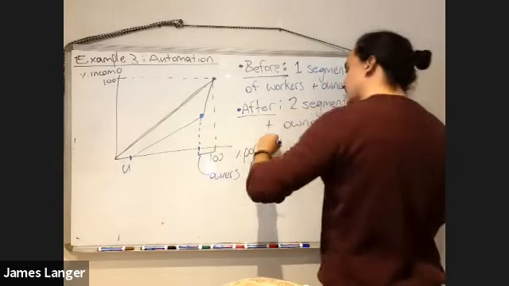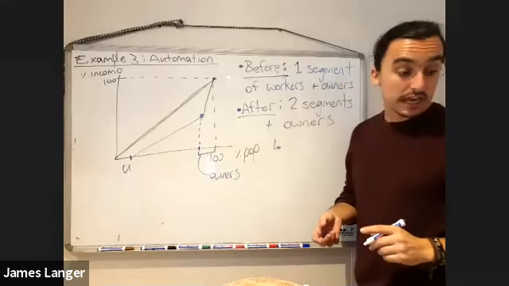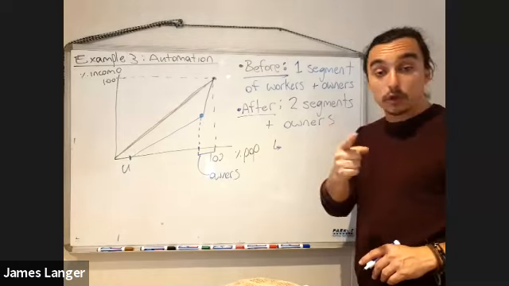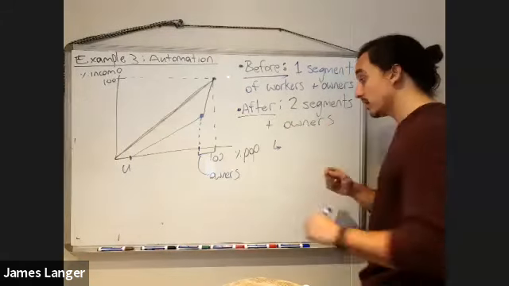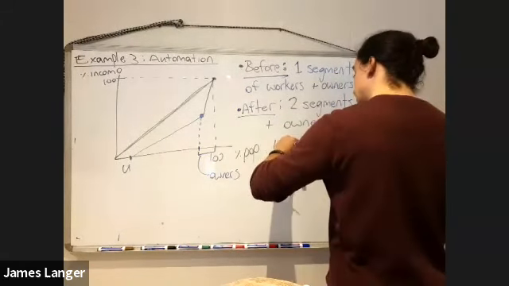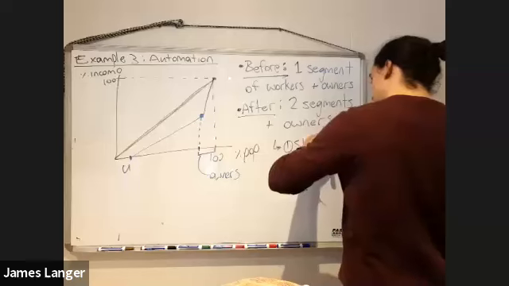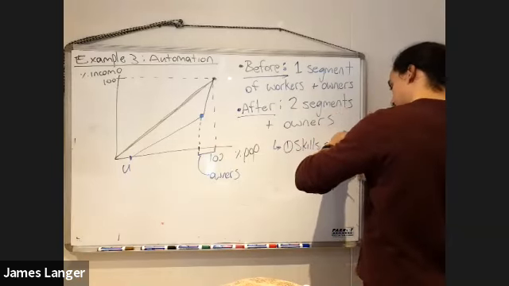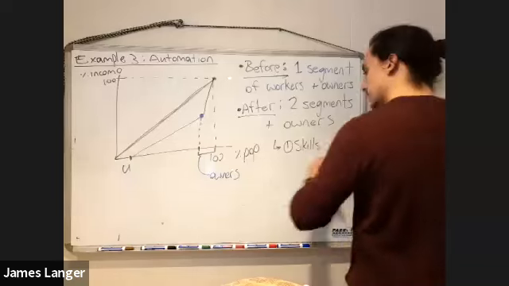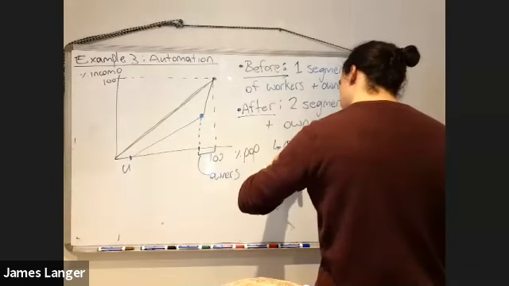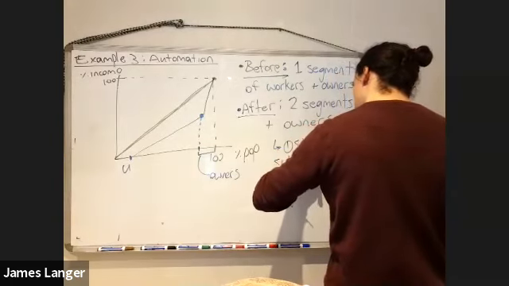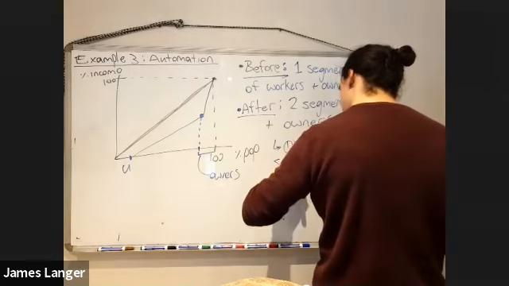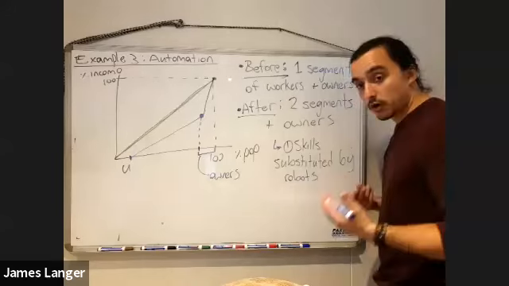And what are our two segments? One segment is the people whose skills are substituted by the robots or by the machinery.